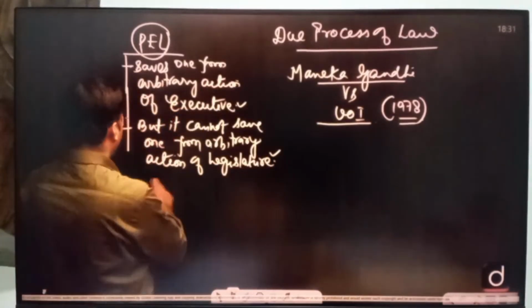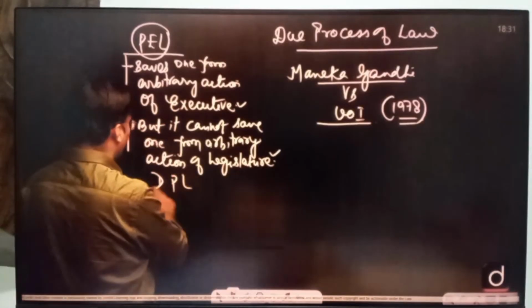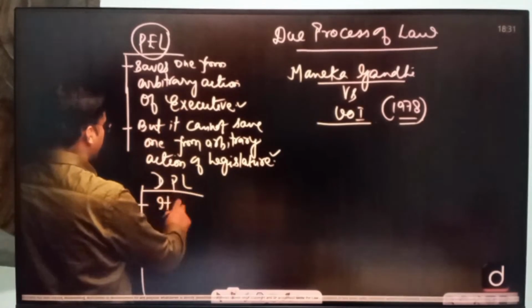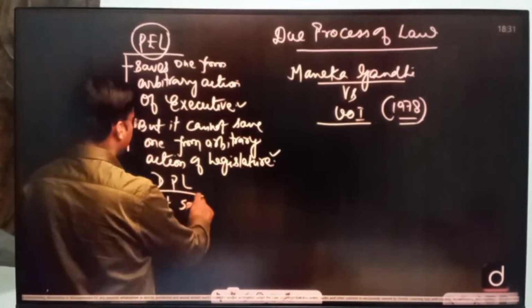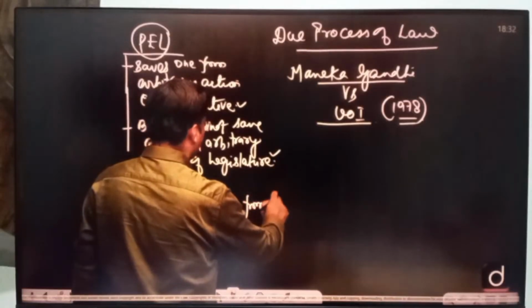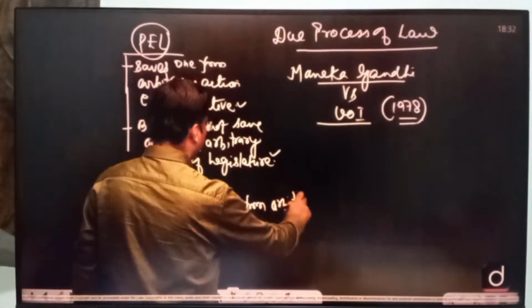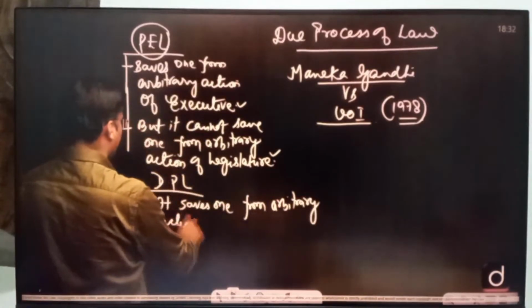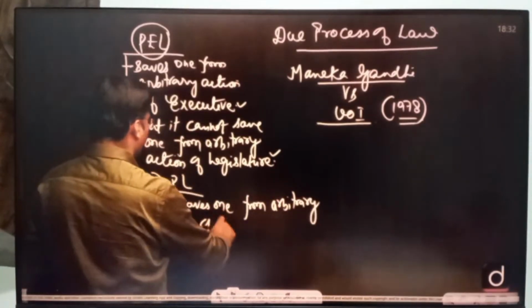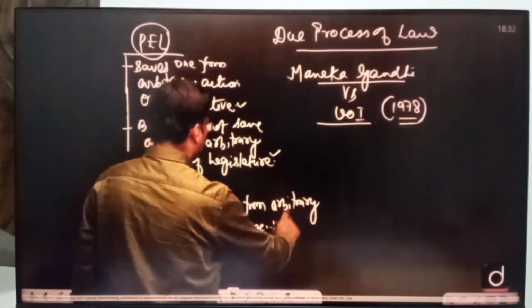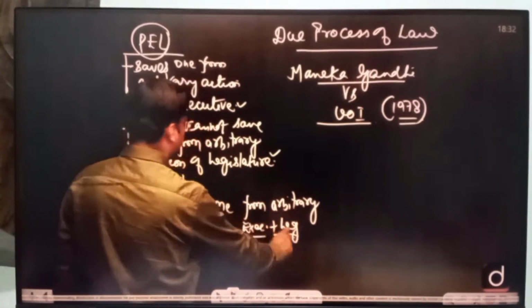So under due process of law, what is the court trying to tell us? It says that it saves one from arbitrary action of the executive plus legislature, है ना?